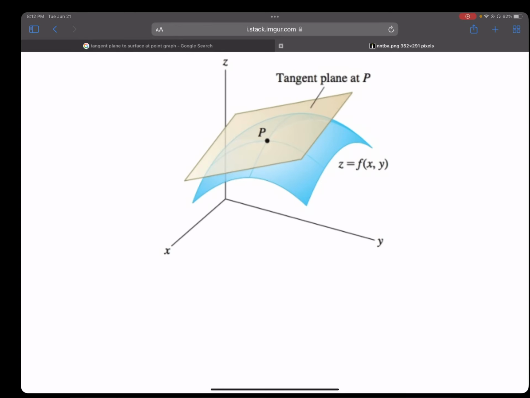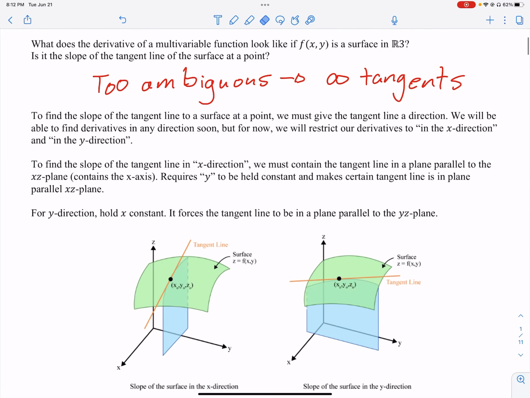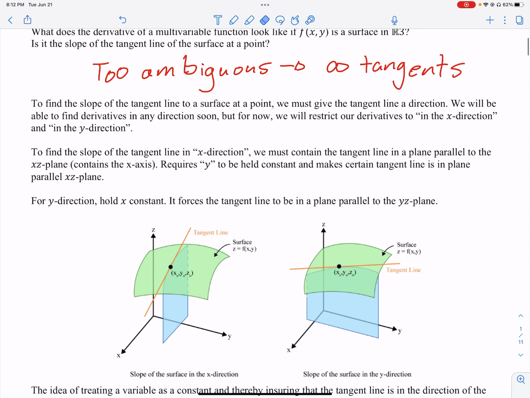Let's go back to that picture real quick. I could have a line going through P in the direction of those two lines that are on there, staying in the tangent plane, staying flat. I could turn it any direction I want and get some kind of tangent line that touches that point. So the answer is there are an infinite number of tangent lines. So we have to focus on a direction.